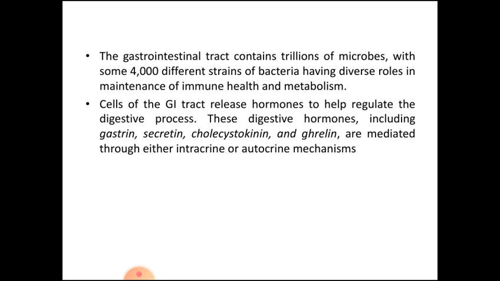They have a diverse role in maintaining body health and help in the metabolism of foods. Cells of the GIT tract release hormones to help regulate the digestive process. The digestive hormones include gastrin, secretin, cholecystokinin, and ghrelin, and are mediated through either intracrine or autocrine mechanisms.